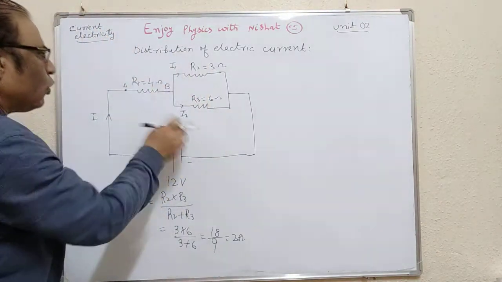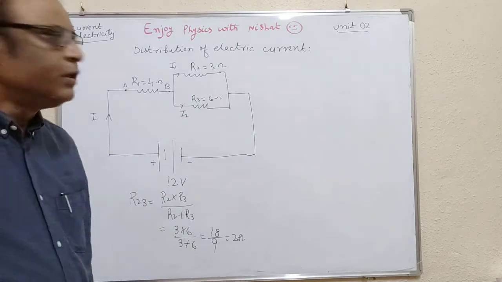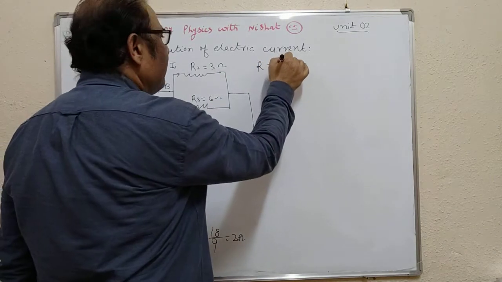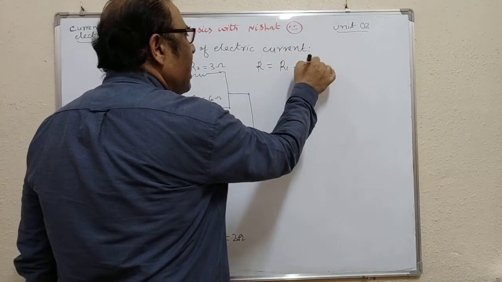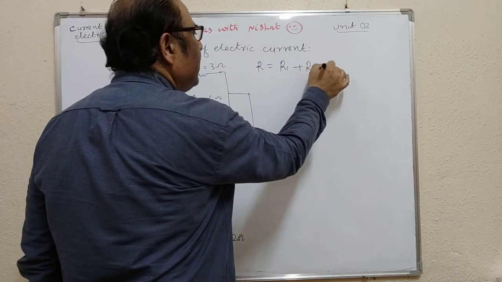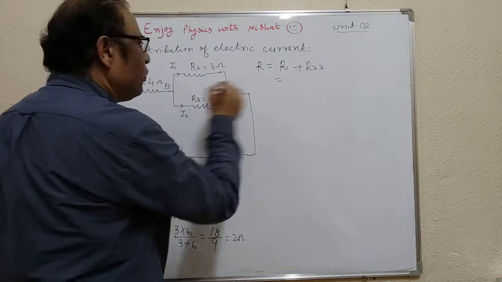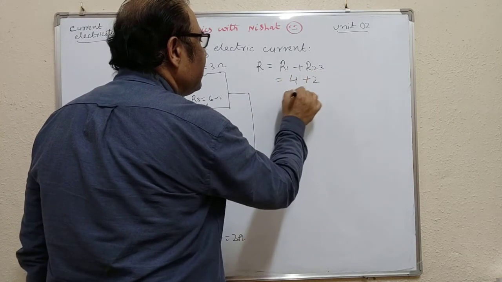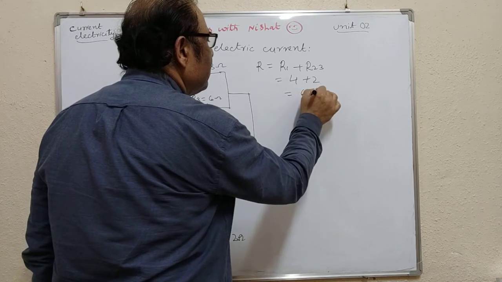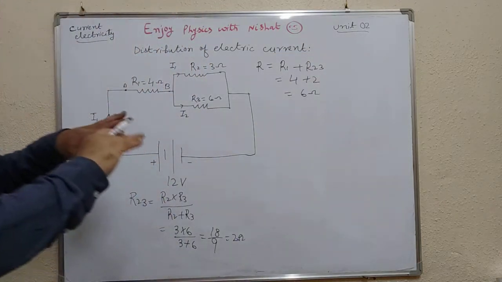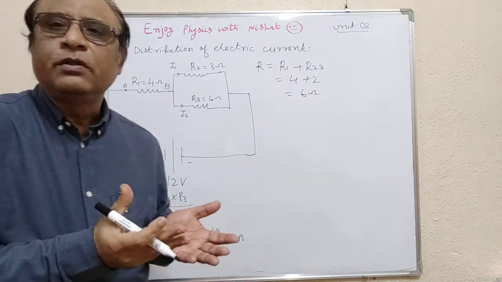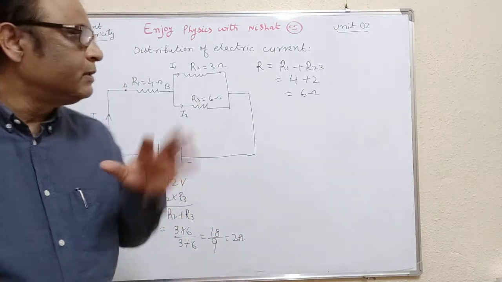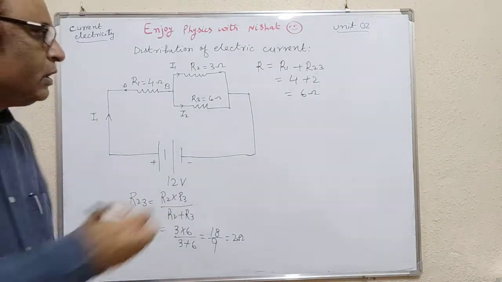And now this 2 ohm is in series with R1. So total resistance R is equal to R1 plus R23, R1 is 4 ohm plus 2, and that is 6 ohm. Now the resistance of the total network, the complete circuit, is 6 ohm.